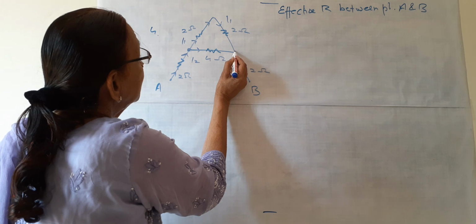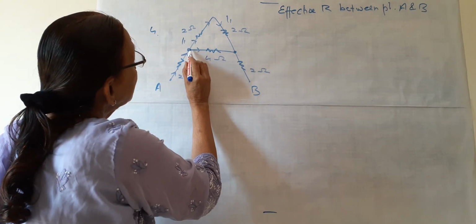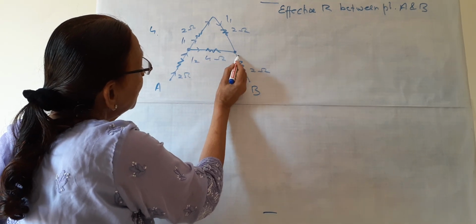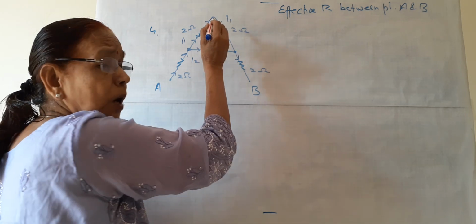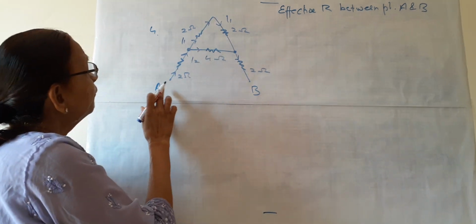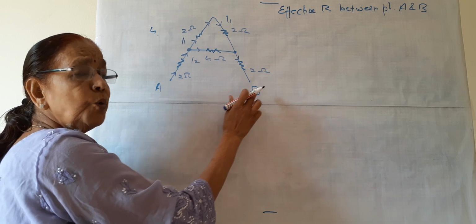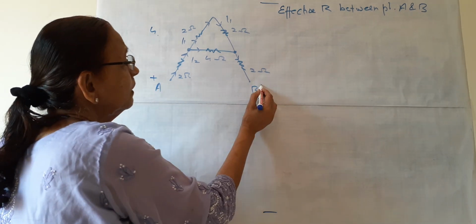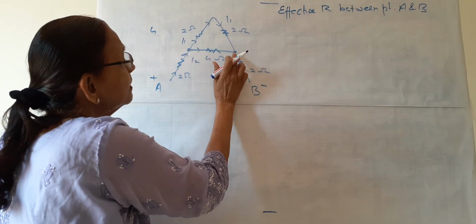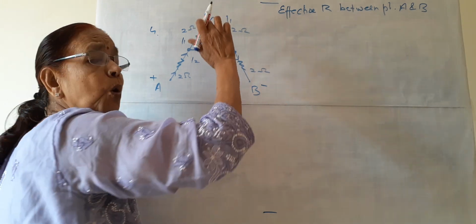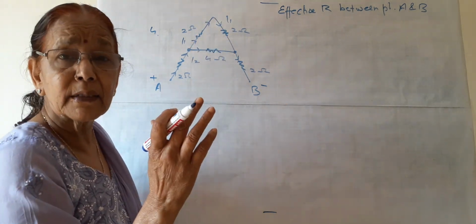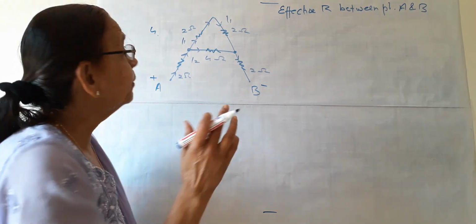Now again this junction. So this current which is coming from here, it will go here, it will not go up. Current only flows from higher to lower. This is higher, this is lower. So this current coming here cannot go up towards the higher potential.